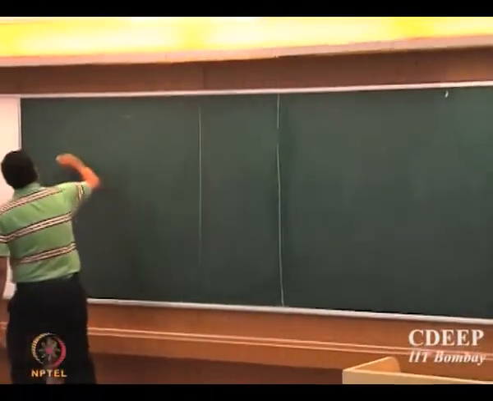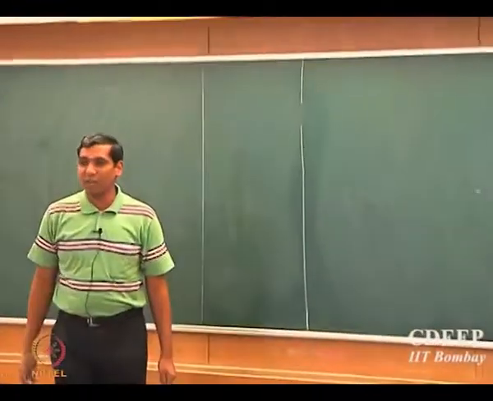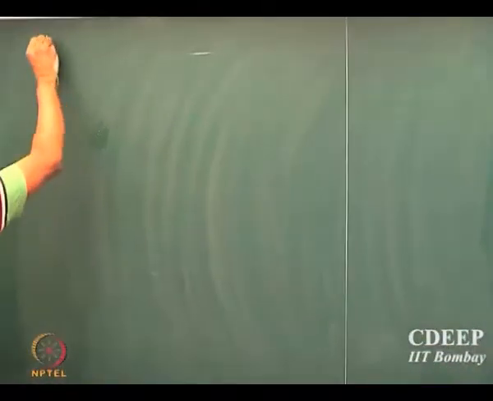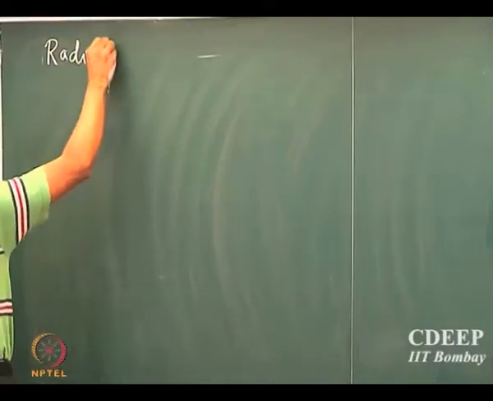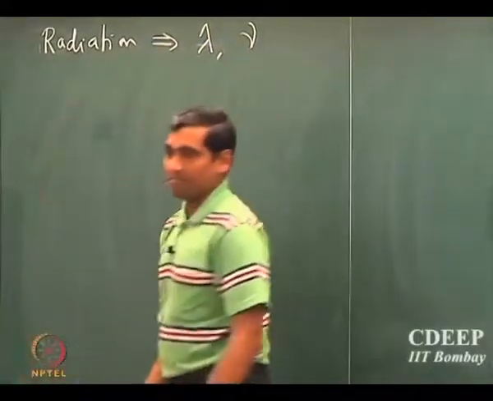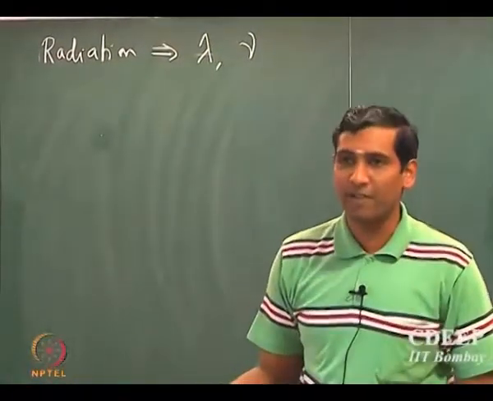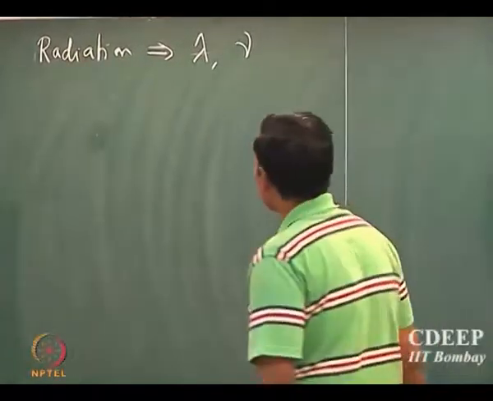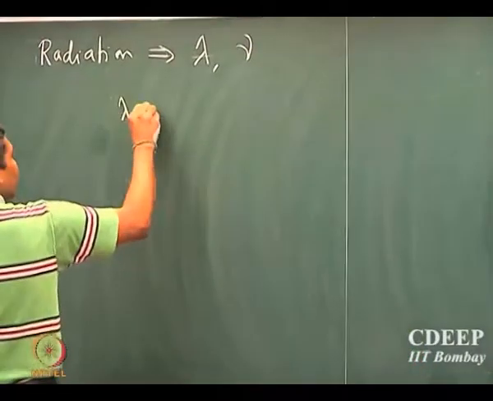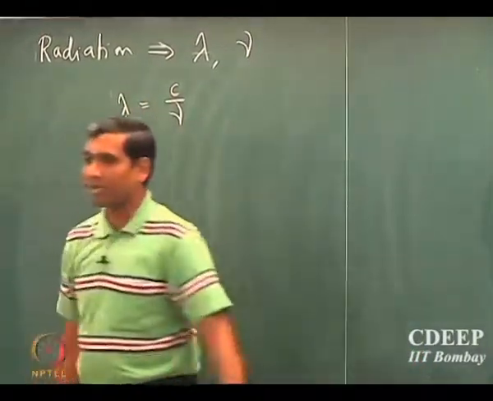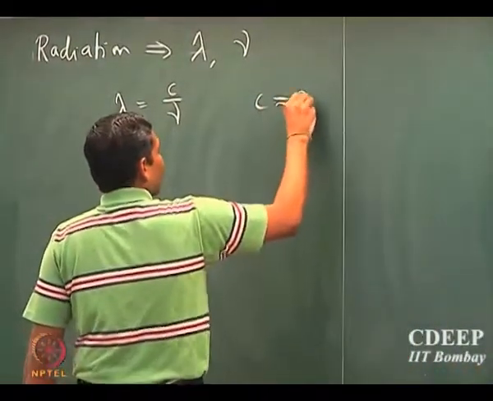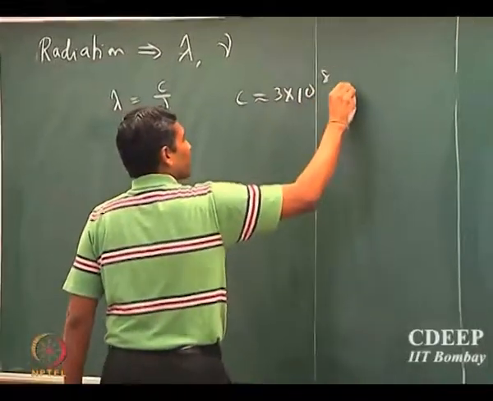Okay. Whether we believe in the quantum theory or the wave theory, we can always characterize radiation. Radiation is always associated with a certain wavelength and frequency, and so we can always say that lambda equals c by nu, where c is the speed of light under vacuum conditions, approximately 3 times 10 to the power 8 meters per second.